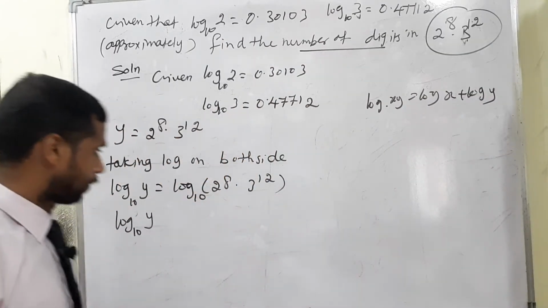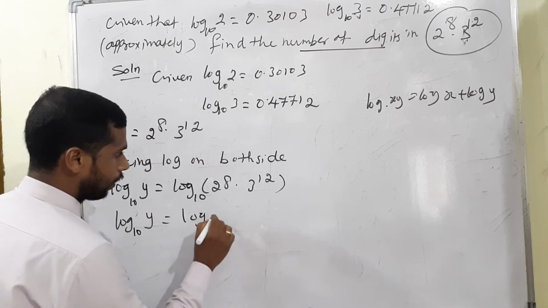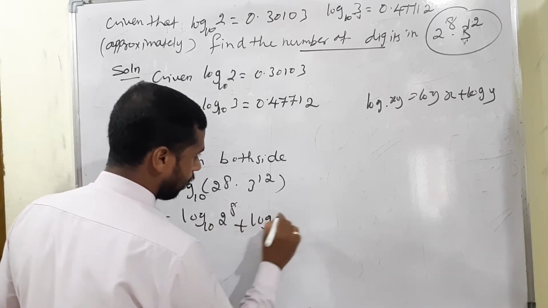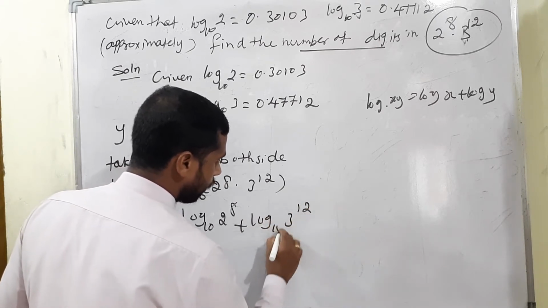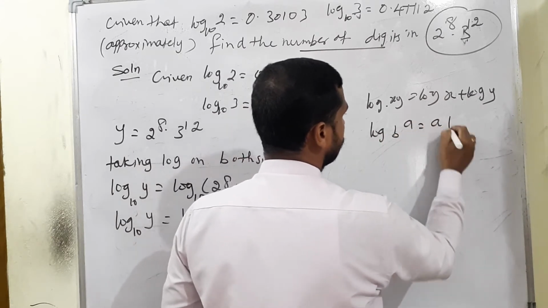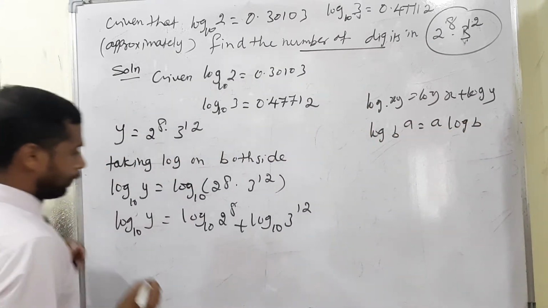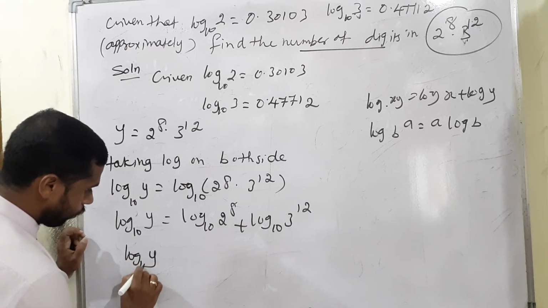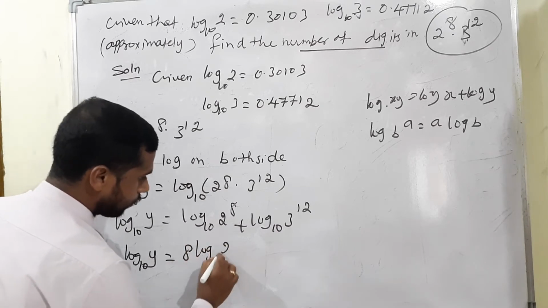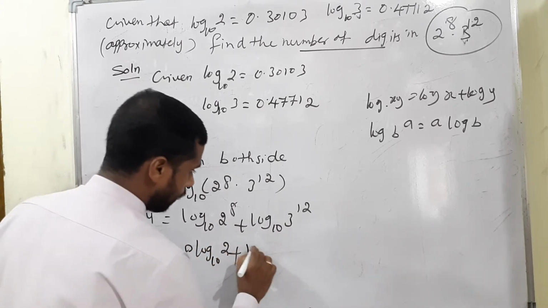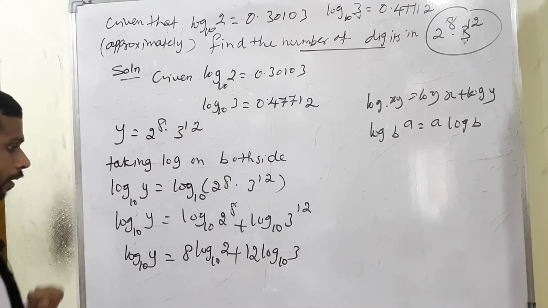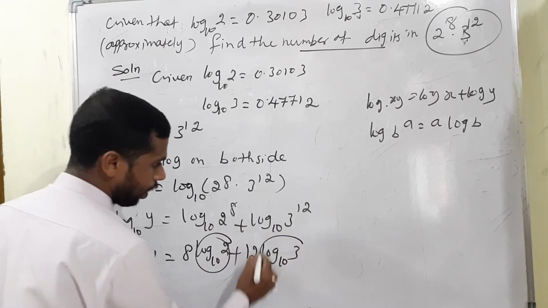Therefore, log 2 to the power 8 base 10 plus log 3 to the power 12 base 10. Another one, the power rule: log b power a is equal to a log b. Again, log y base 10 is equal to, power comes to the front, 8 log 2 base 10 plus 12 log 3 base 10. Now the values of log 2 and log 3 are already given.